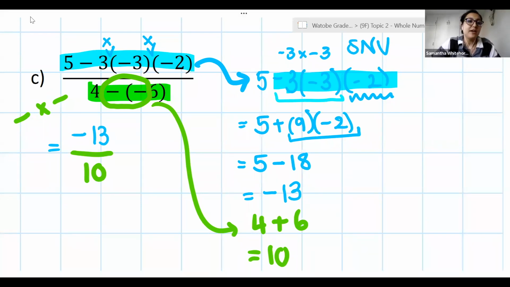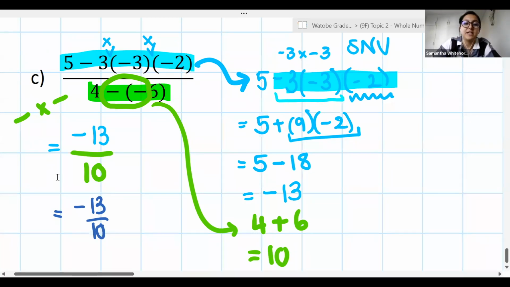Now, whenever we get a fraction as an answer, we always want to double check if we can simplify. So we want to double check if there's any number that I can divide into both 13 and 10. In this case, there isn't. I can't simplify that any further. Some of you might be fine leaving it as -13 over 10.